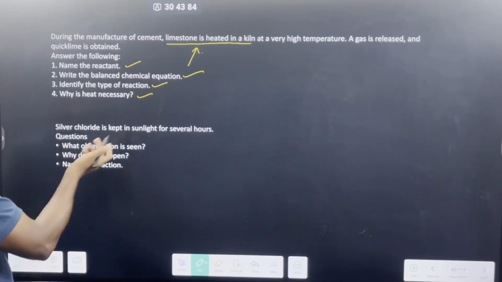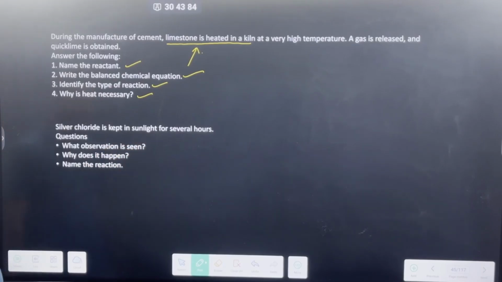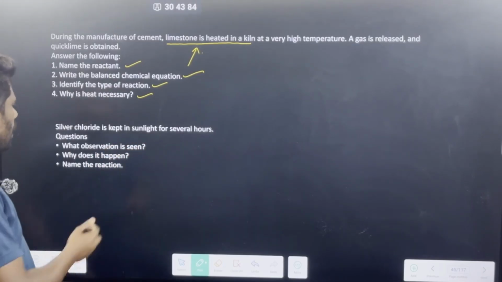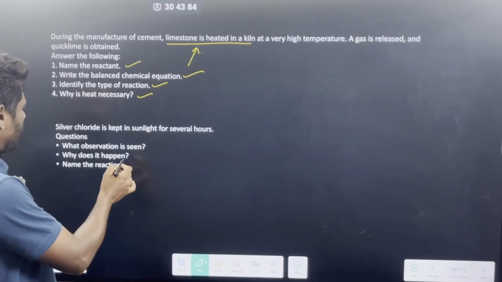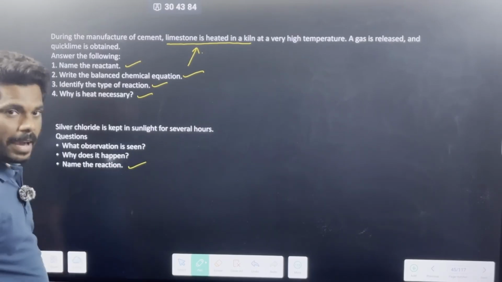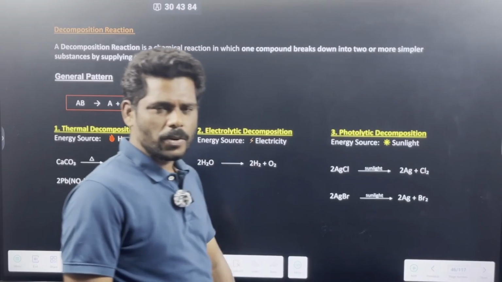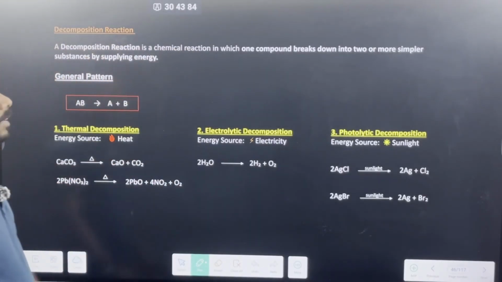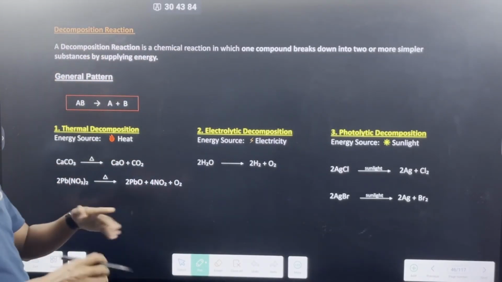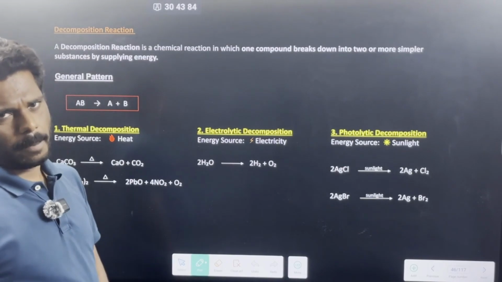Let's see. Silver chloride is kept in sunlight for several hours. Questions: What observation is seen? Why does it happen? Name the reaction. So for addressing these kind of questions, we need to understand a reaction called decomposition reaction, which you might have already understood.